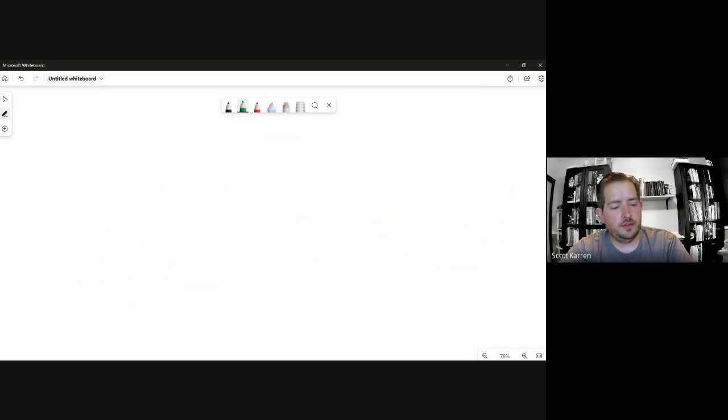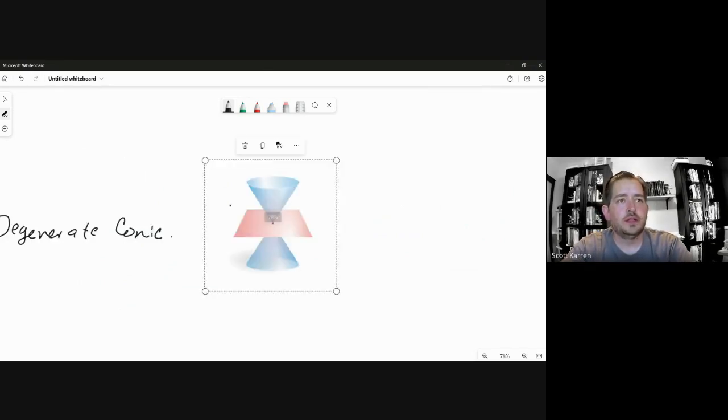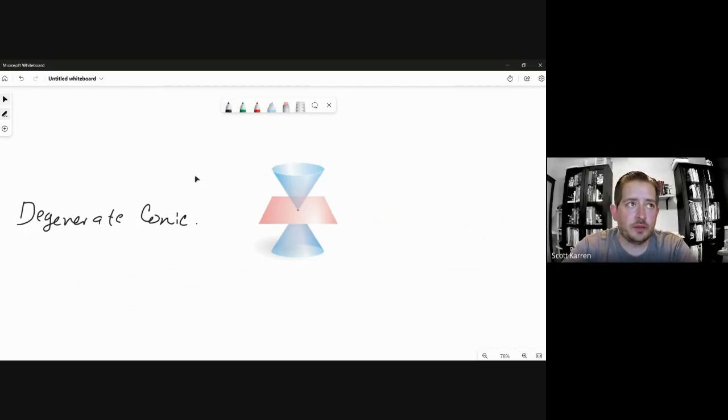And then we have something called a degenerate conic as well. If I take those two cones and I take the plane and intersect them where the two tips meet, I'm just going to get one point.